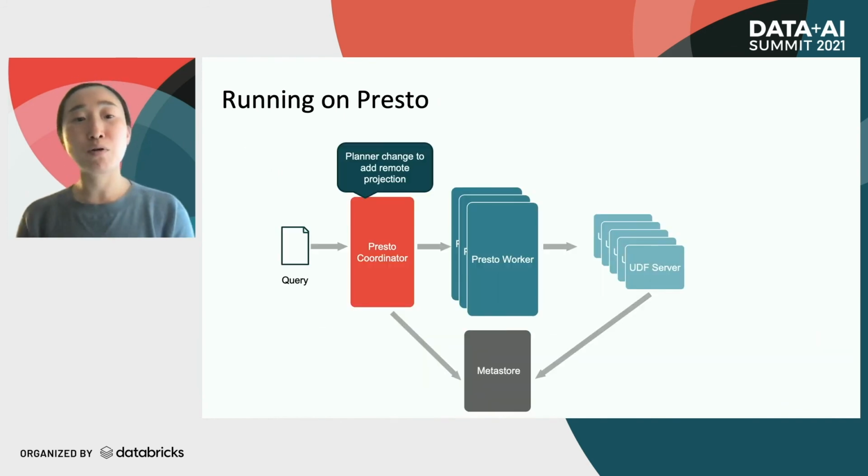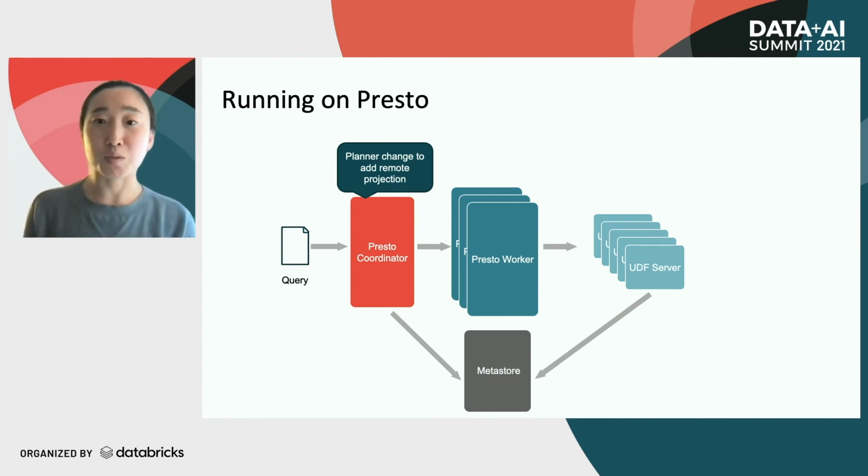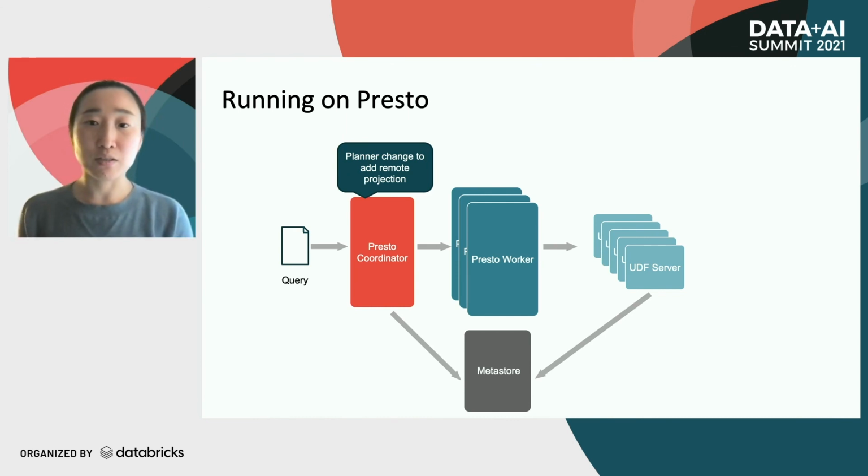Let's look at how we make that happen. Basically, when we receive a query at the Presto coordinator, we need to do some planner change. What the planner is trying to do is take a project where these functions would be, analyze the expression to figure out which part can be run locally and which are the functions that we need to invoke remotely. We'll do a planner change according to this.